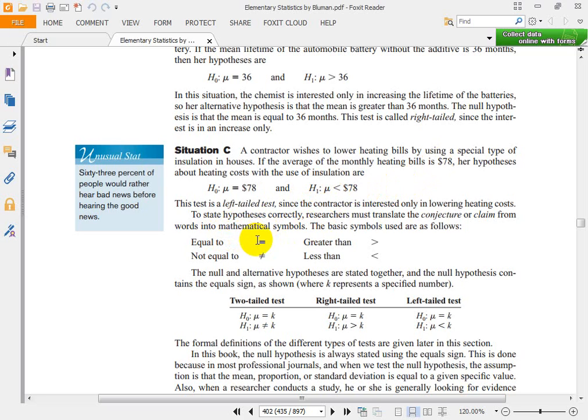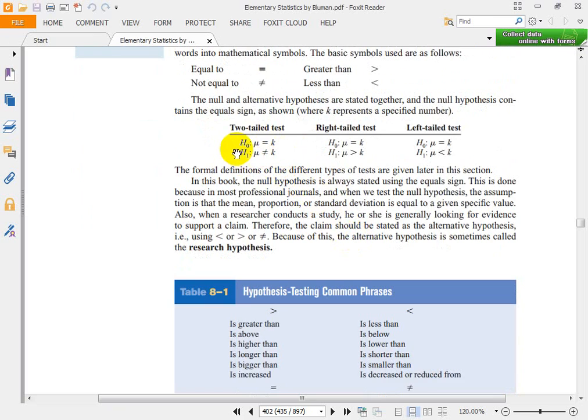So we can have equal to, greater than, not equal to, or less than. Whenever we have greater than or less than, we call it a one-tailed or one-sided hypothesis. And when you say not equal to, it becomes a two-tailed or double-tailed hypothesis. So now they are writing the same.